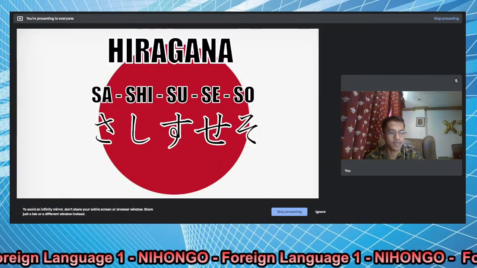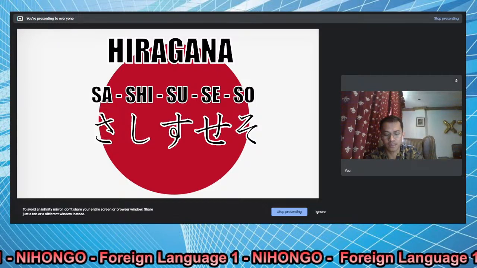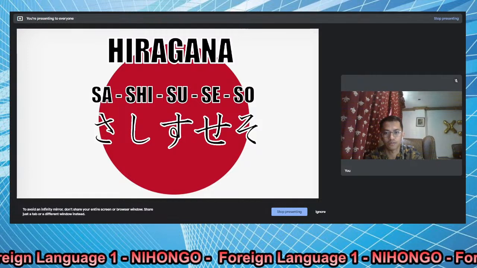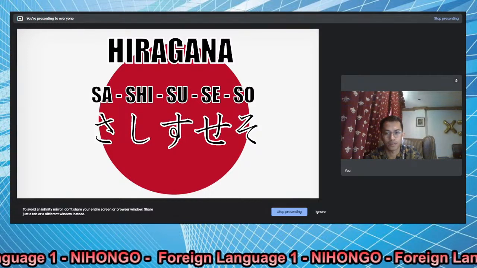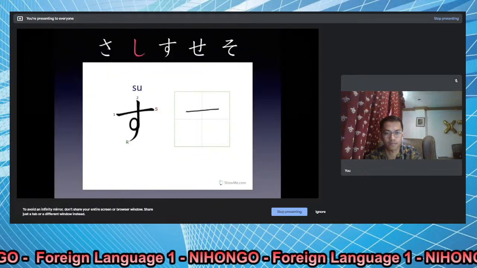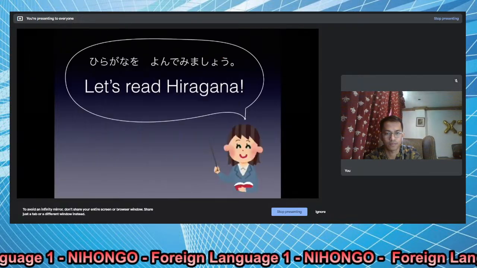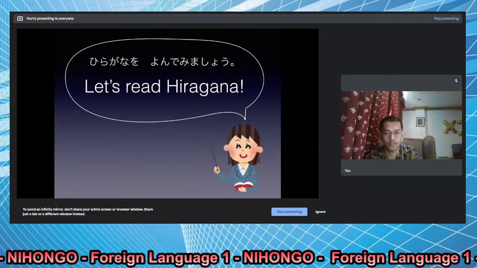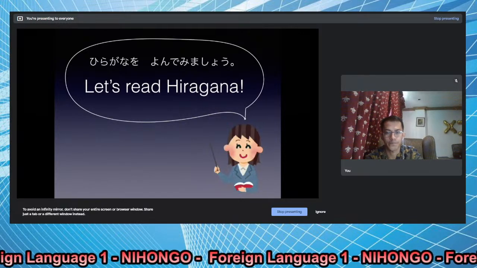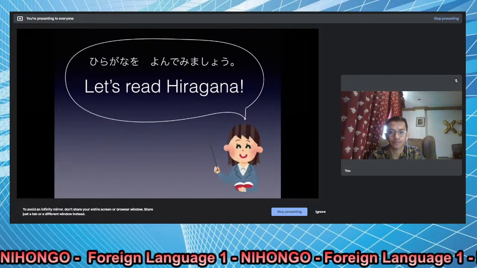From the consonant S, which is sa, shi, su, se, so. I-forward ko na kasi natapos na natin ito. Let's try to read. I'm going to include previously learned letters too, so see for yourself how much you remember, okay?